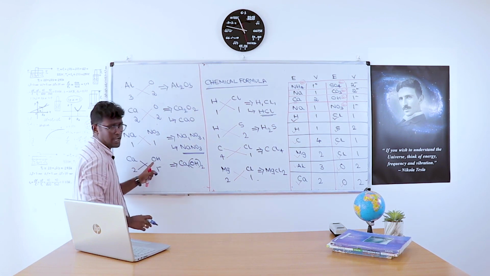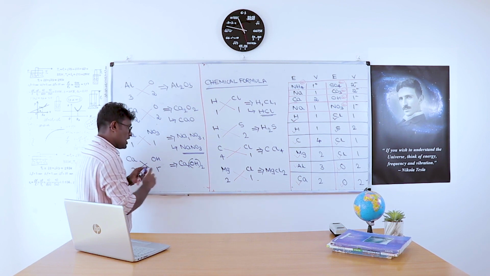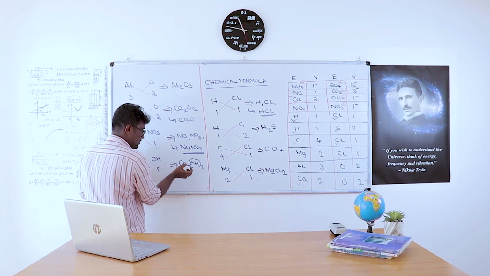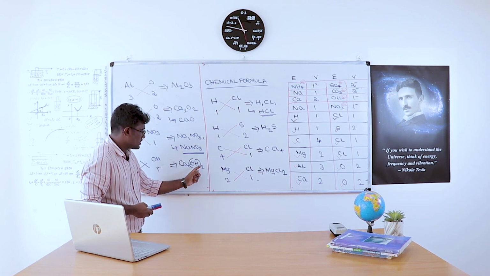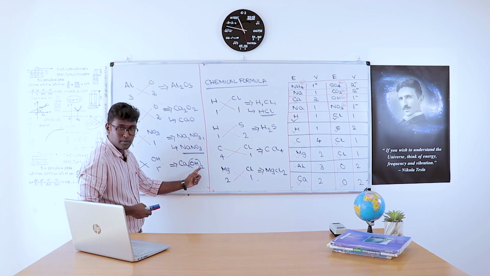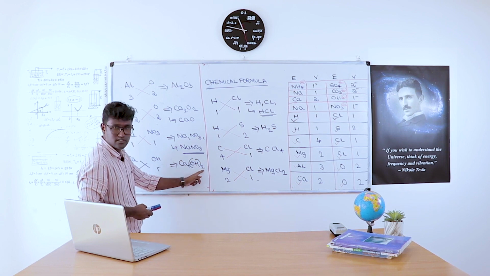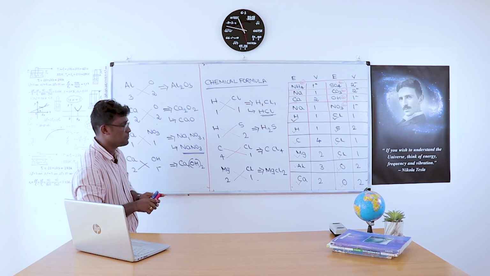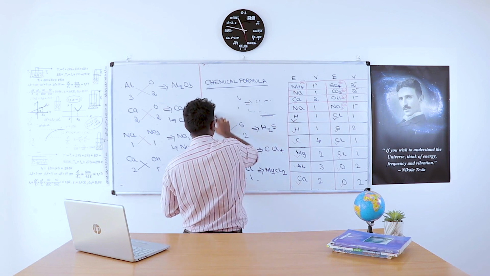Because it's a combination of hydrogen and oxygen, hydroxide, so both of them are here. It's a polyatomic ion. In that case, we have to give the bracket and write the subscript outside the bracket. So Ca(OH)2, this 2 applies to both the oxygen and hydrogen. That is why we give the bracket and the subscript outside the bracket. The next one is also clearly mentioned in the rules.